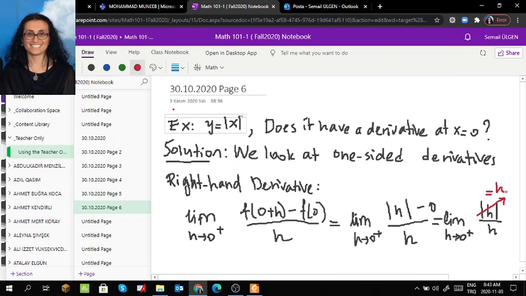So what did we get? The limit as h goes to 0 from the right of h over h is 1. This is the right-hand derivative. How about the left-hand derivative?